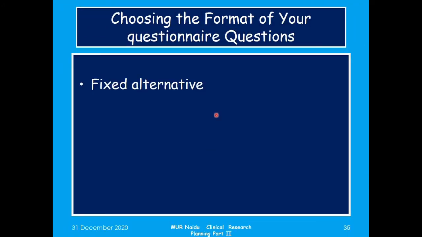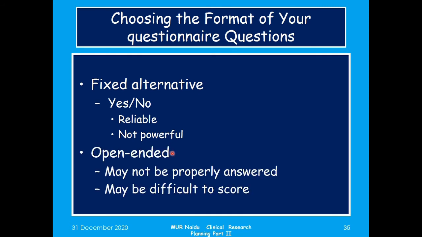There are various formats available for preparing questionnaires and research tools to be utilized for various clinical research. They are mainly classified into two. One is fixed alternative, where the question is given and the participant has to answer yes or no. Here it is very difficult to check the reliability of that answer and they are not very powerful tools. The other is open-ended, which may not be properly answered and may be difficult to score.